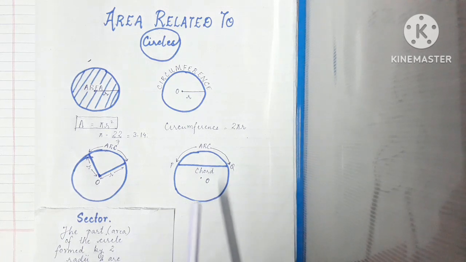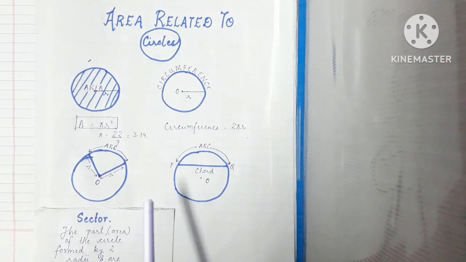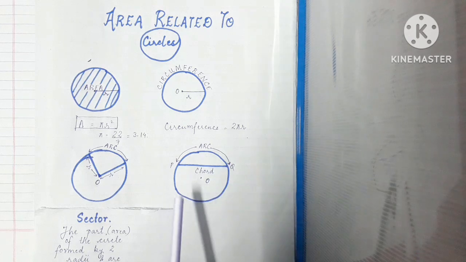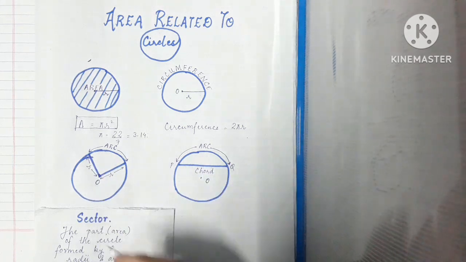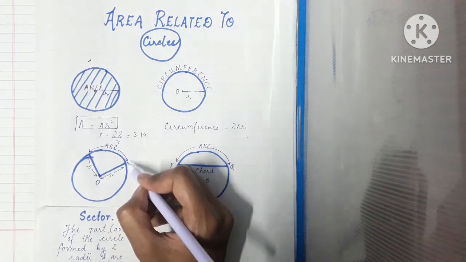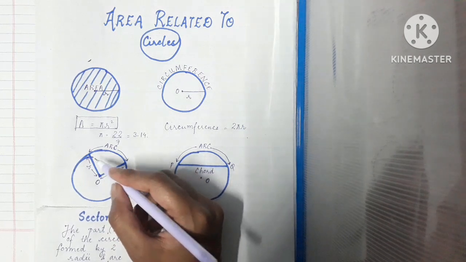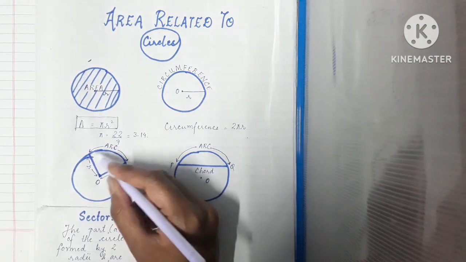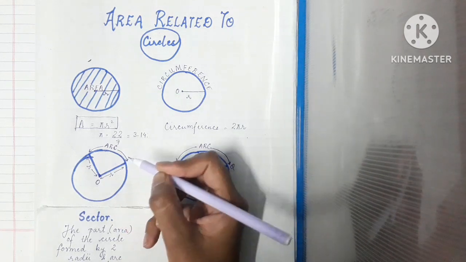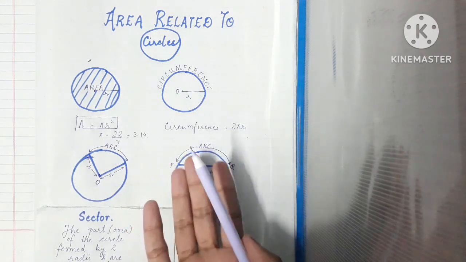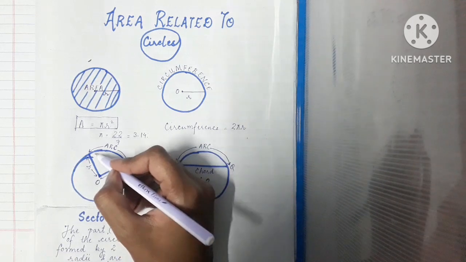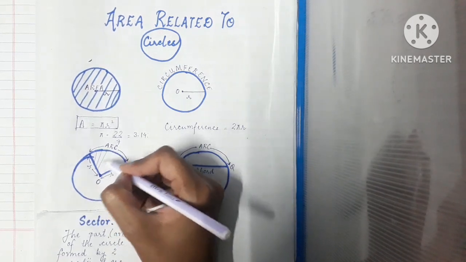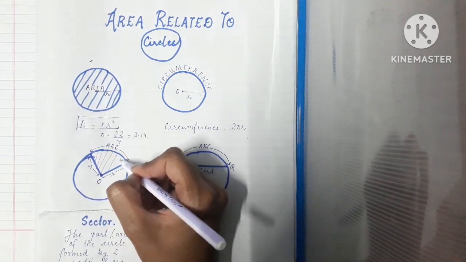So, the correct way of saying is which is formed by two radii and an arc of the circle. So, see carefully, this part of the circle is formed by two radii and the arc of the circle. An arc is nothing but a part of the boundary of the circle. So this part is called the sector of the circle.